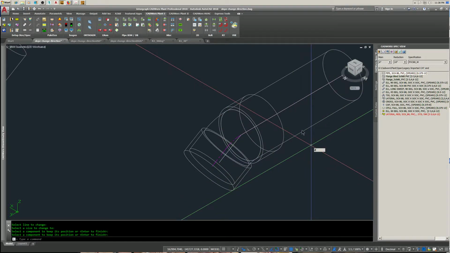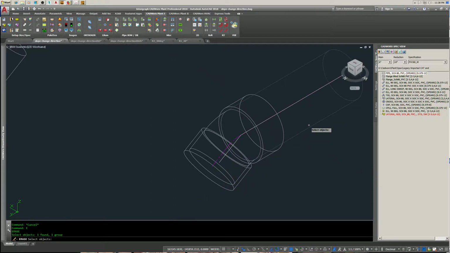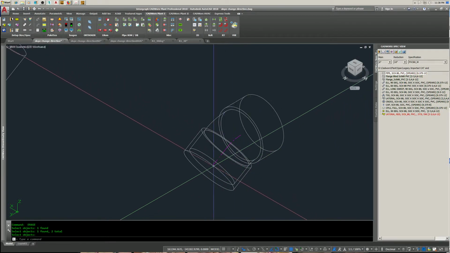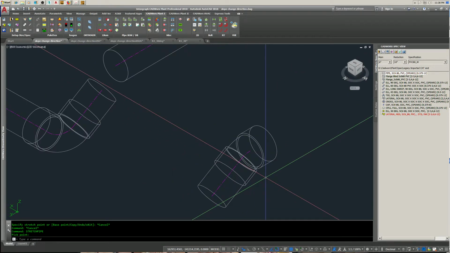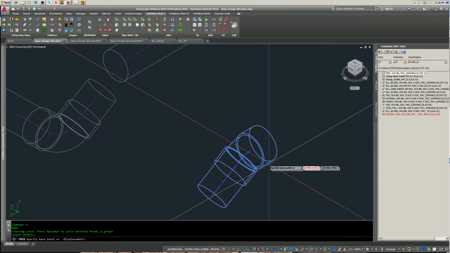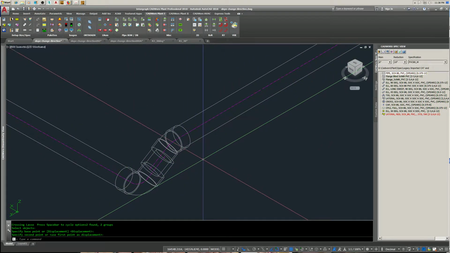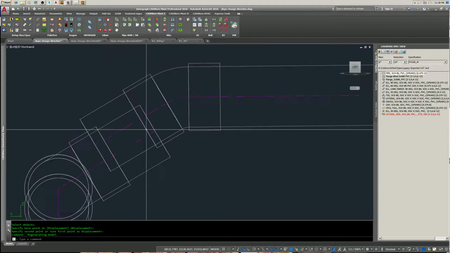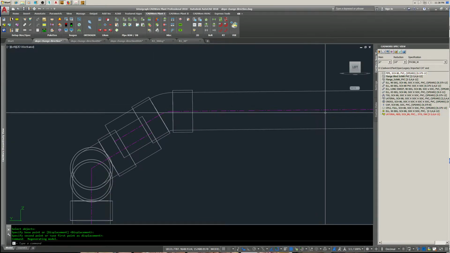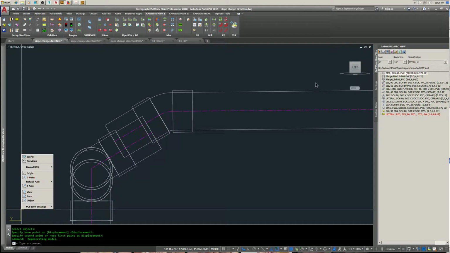Delete it. Lengthen this up a little. This one we'll just move at the end point. Right. Let's get it.